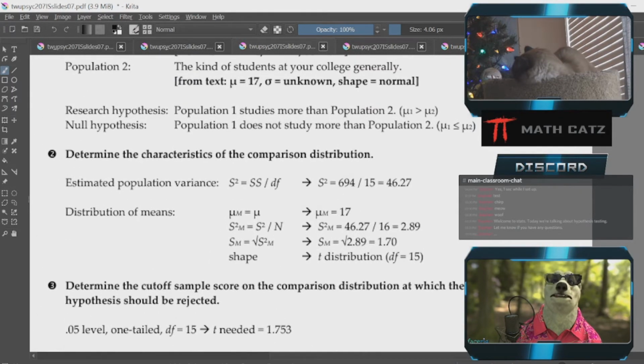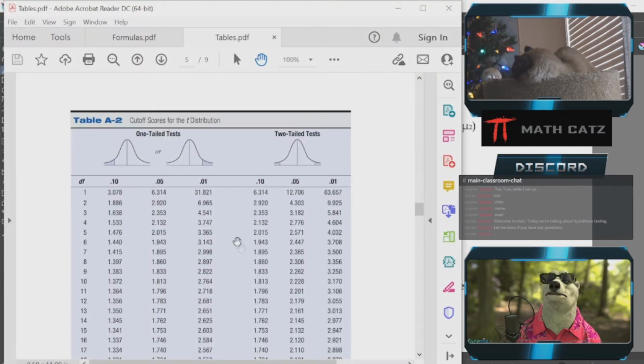Then we are going to choose an alpha, let's say 5%. It's one-tailed. We want to see if students at our dorm study more. We have our degrees of freedom. We go look in our table. So we're looking at a 5% alpha.